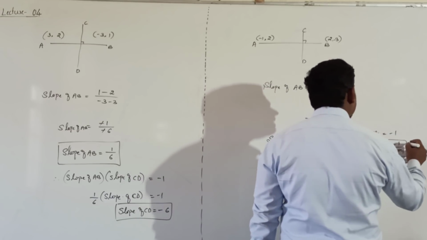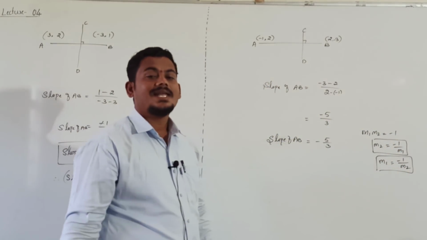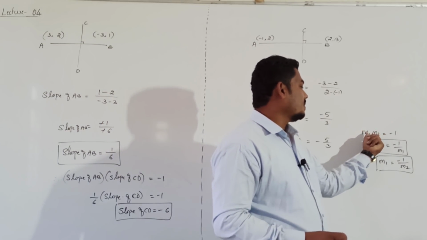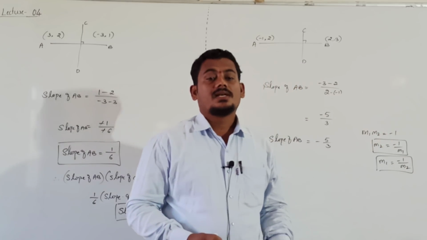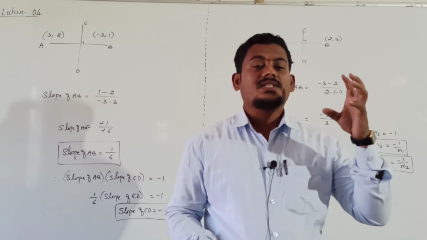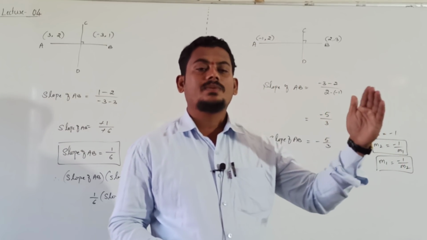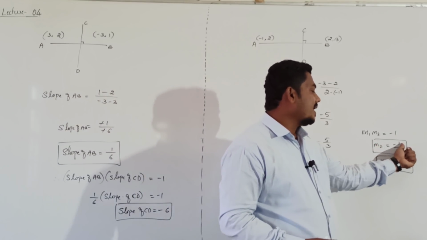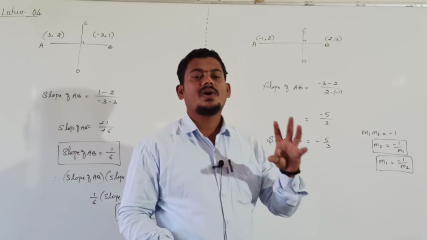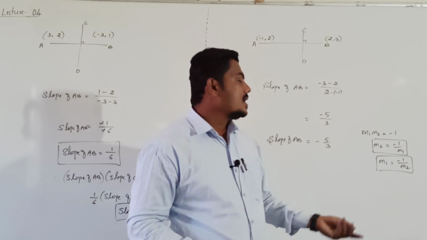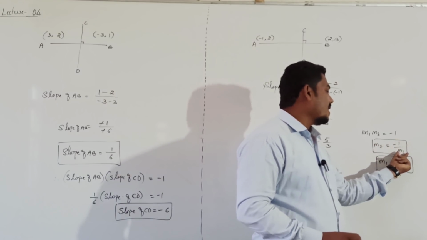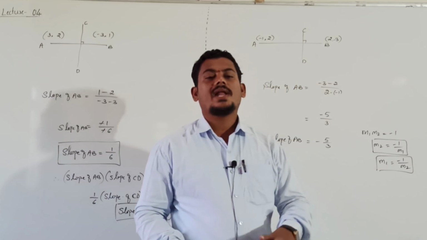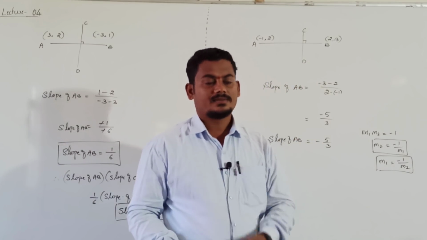When two lines are perpendicular, the slope of one line is the negative reciprocal of the slope of the other line. If you want m2, suppose they have given m1, then m2 is equal to minus 1 by m1, or m1 is equal to minus 1 by m2, whenever one of the slopes is known.